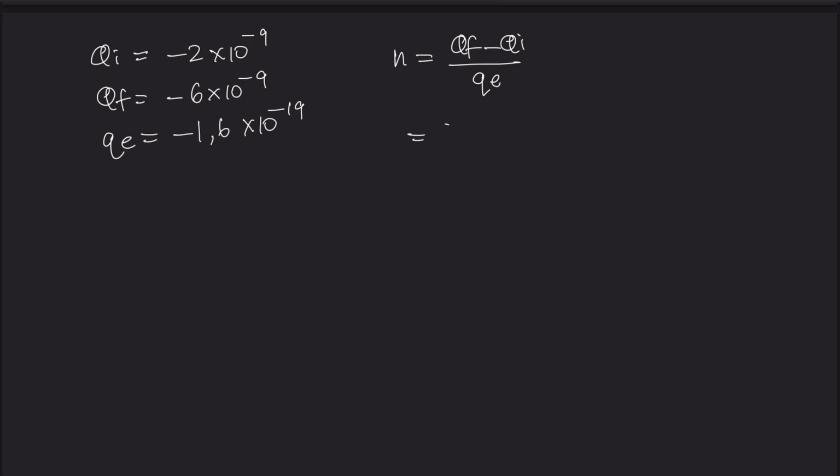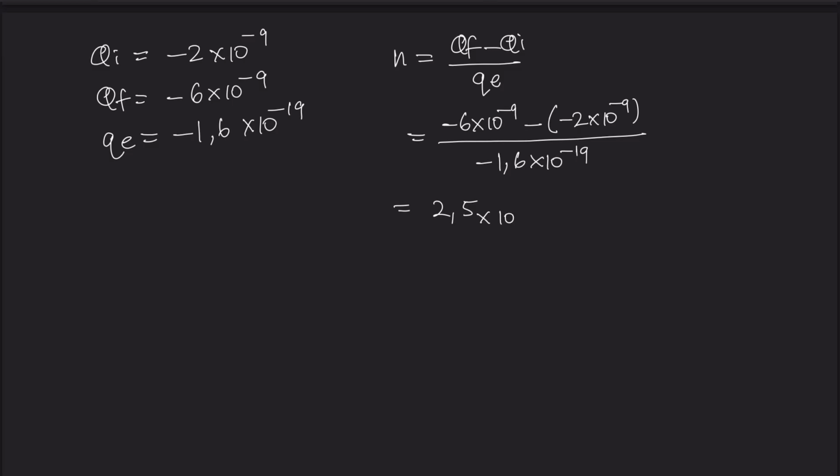So the final charge was minus 6 times 10 to the negative 9, then minus 2 times 10 to the negative 9, and divided by minus 1,6 times 10 to the negative 19. And now if you put that in our calculator, we'll get an answer of 2,5 times 10 to the power of 10 electrons transferred.